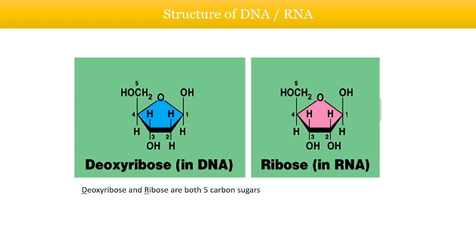If you can find the differences between these two sugar molecules, the first observation is the 2' OH. Okay, that is replaced by a hydrogen in deoxyribose, whereas you have 2' OH in RNA. That makes it more susceptible to oxidation, right?